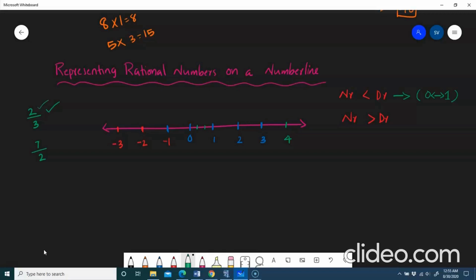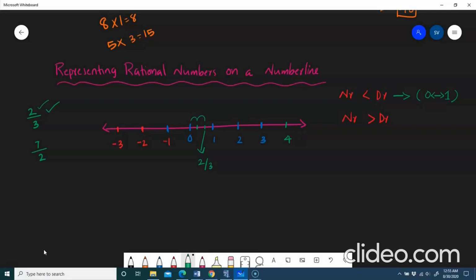So from 0 count 2 places, 1 and 2. You can mark the number 2 by 3 here. So the position of 2 by 3 is here. That way you can mark a rational number with numerator less than denominator.